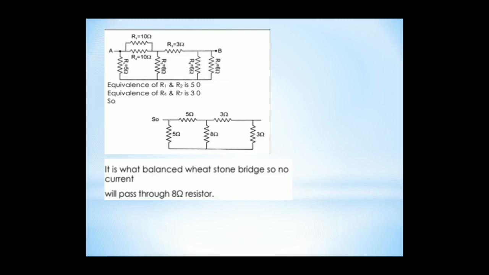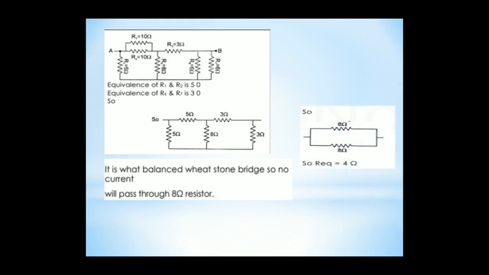We will see that we have 5 ohm and 3 ohm resistance connected in series and another pair of 5 and 3 ohm resistors connected in series. If we find their equivalent resistance, when they are in series, we will get 8 ohms.